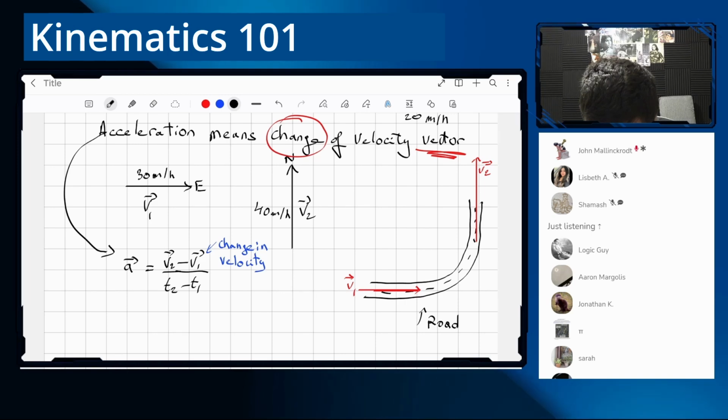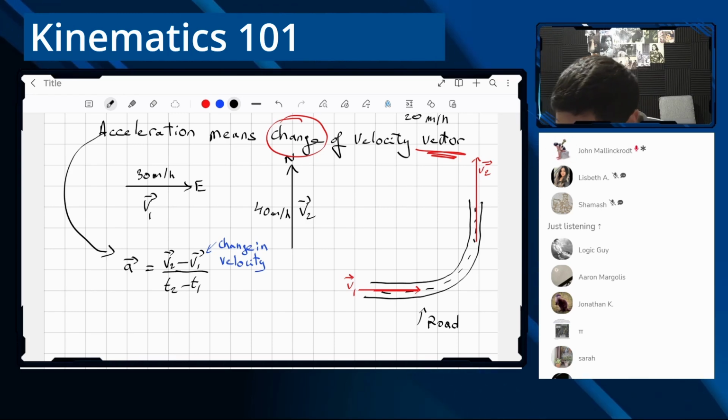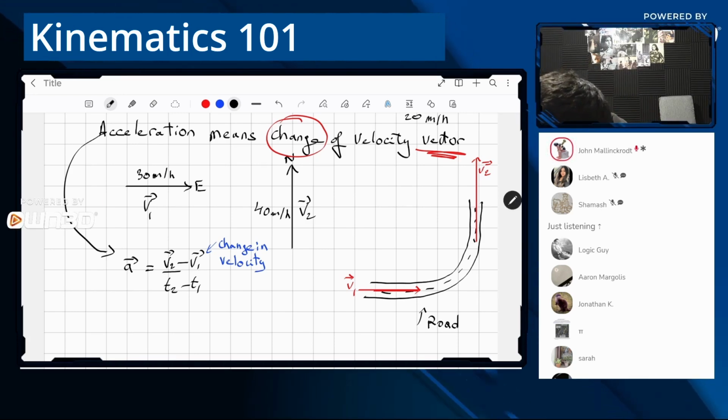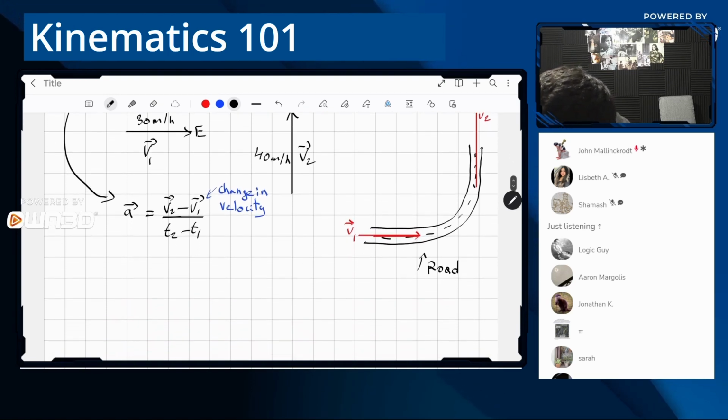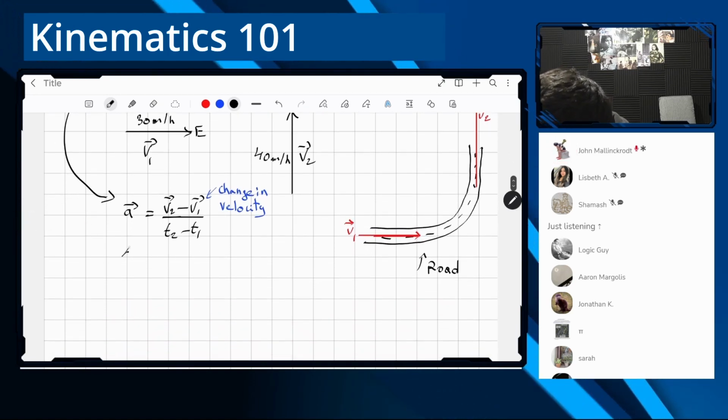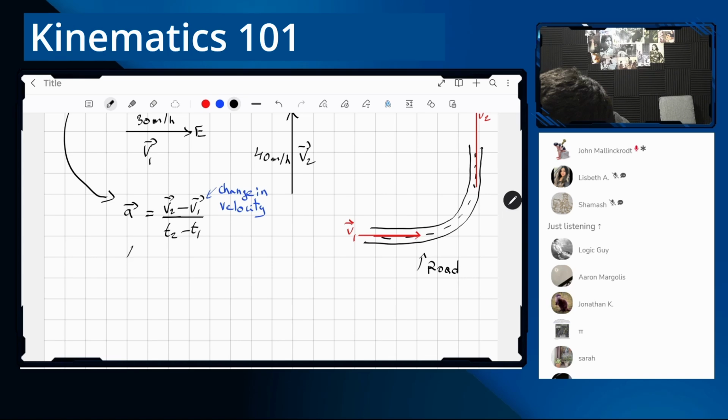We can subtract vectors, but rather than doing it that way, I like to take that equation, delta V, it's a vector. I put a little arrow over it, frankly, to remind myself it's a vector. Delta V with a little arrow over it equals V final with a little vector over it minus V initial with a little vector over it.